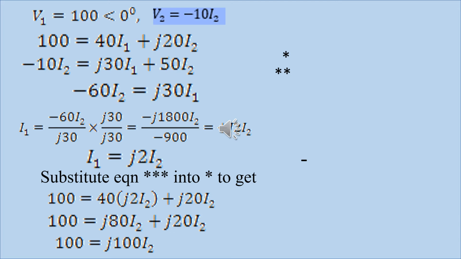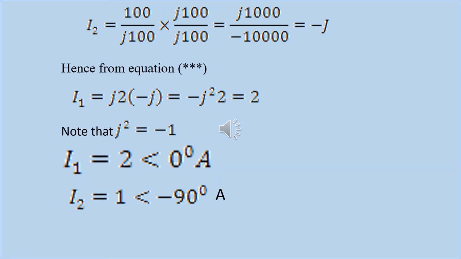Then our I2 is equal to 100 divided by j100, and that will give us 1 over j, which will be equal to minus j, as we'll see on the next slide. Then we get our I2 equal to minus j, and from there we can calculate our I1.